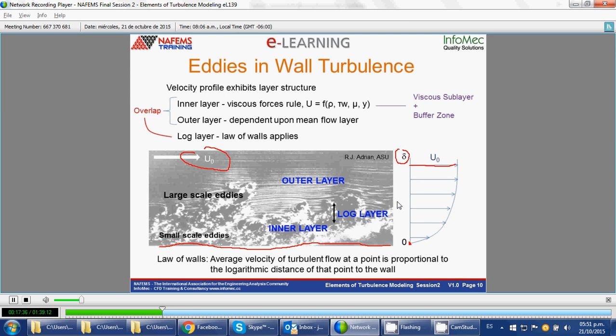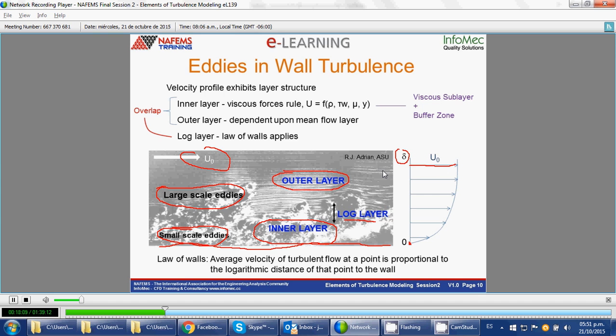Along the way, we see small scale eddies near the wall, and larger scale eddies a little further away from the wall. You could divide this into several layers. The one near the surface is called the inner layer, where the flow is fully turbulent, and I'll talk about this a little more. Then there is the outer layer, and the overlapping region is called the log layer.